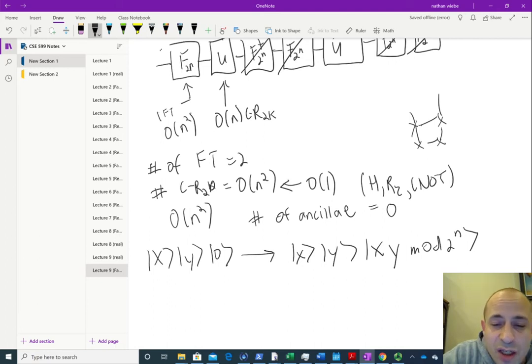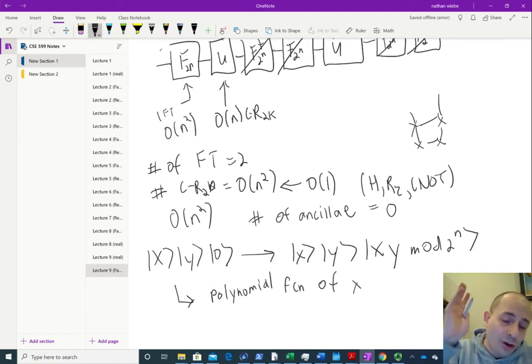Now, with addition and multiplication, what we can do is we can implement any polynomial function of x. And in turn, any continuous function can be approximated by a polynomial of fixed degree.